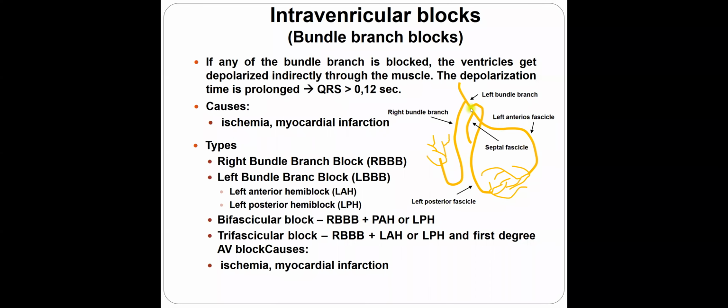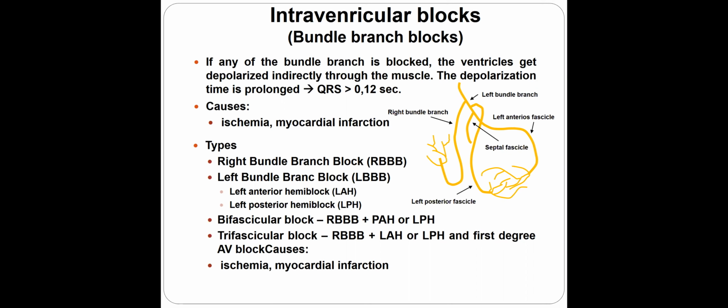The left one is composed of a posterior and anterior fascicle, and they do have a septal fascicle as well. Now, what will happen if we do have a block here? This block can be first degree, second degree, anything. But mostly when you diagnose bundle branch block, that's a complete block.